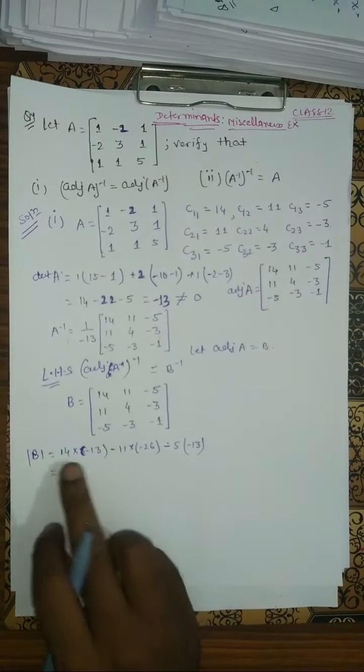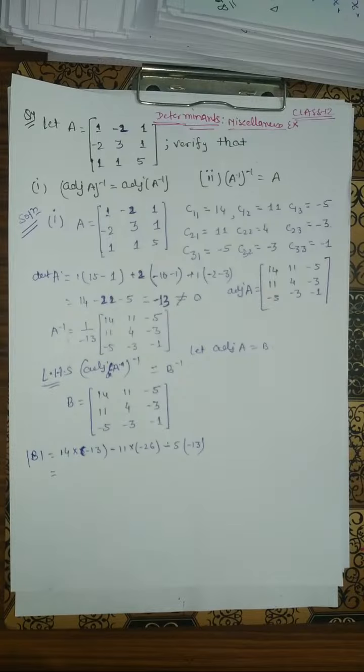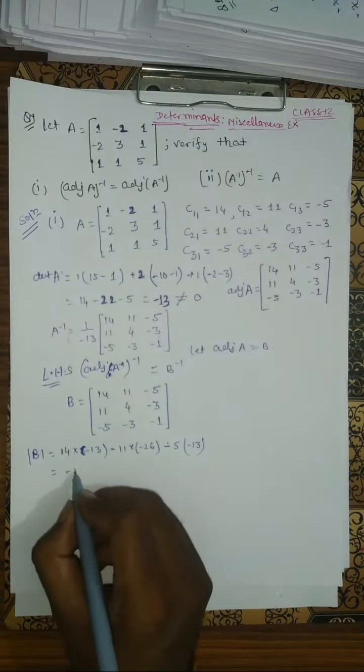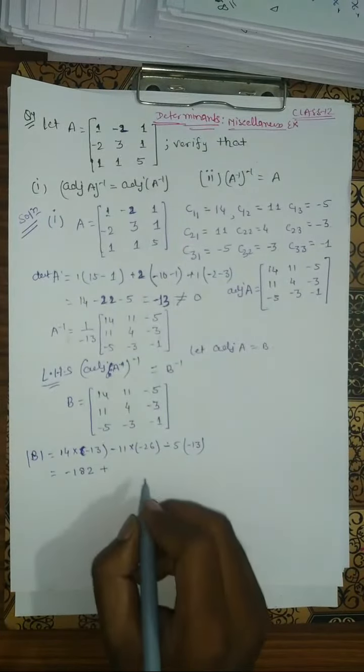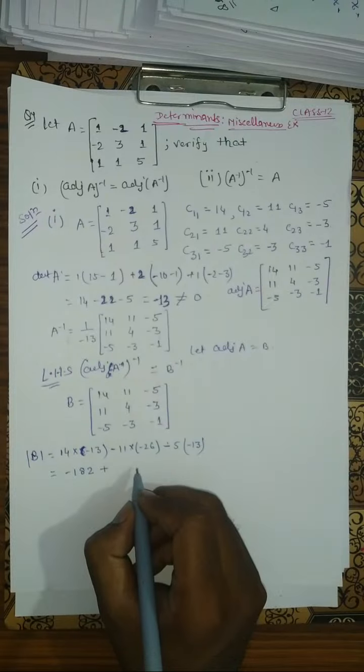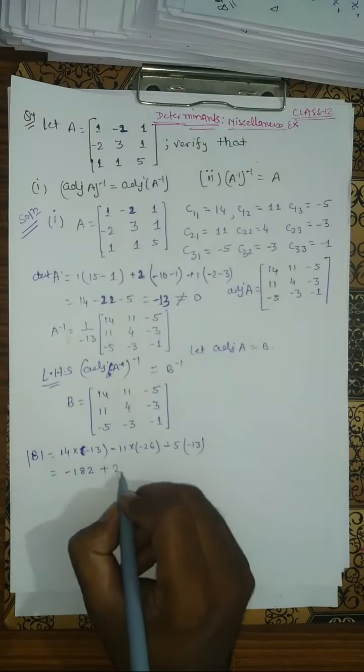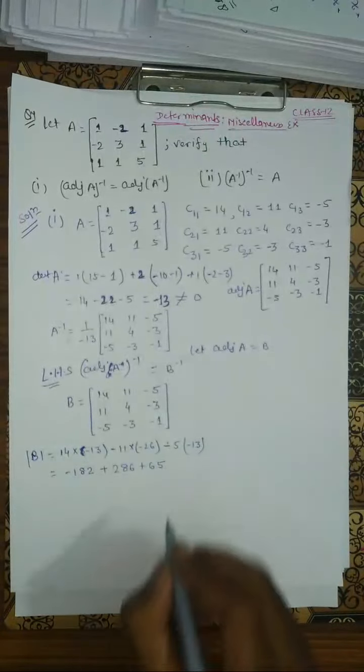That's why बच्चों 14 and -13 is -182, minus minus plus 286, minus minus plus 65.